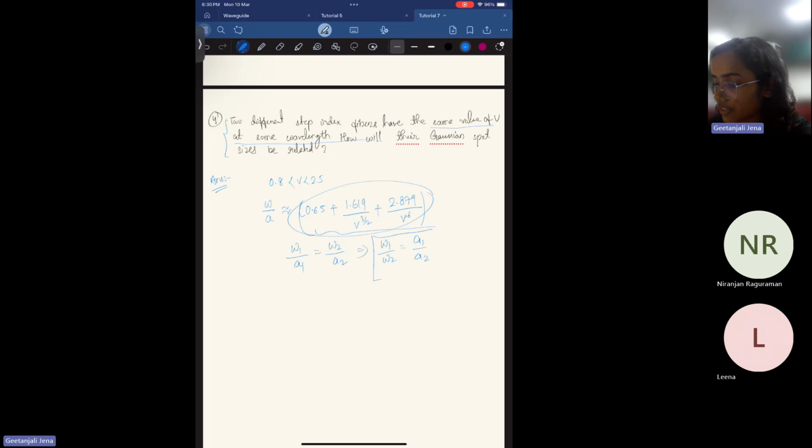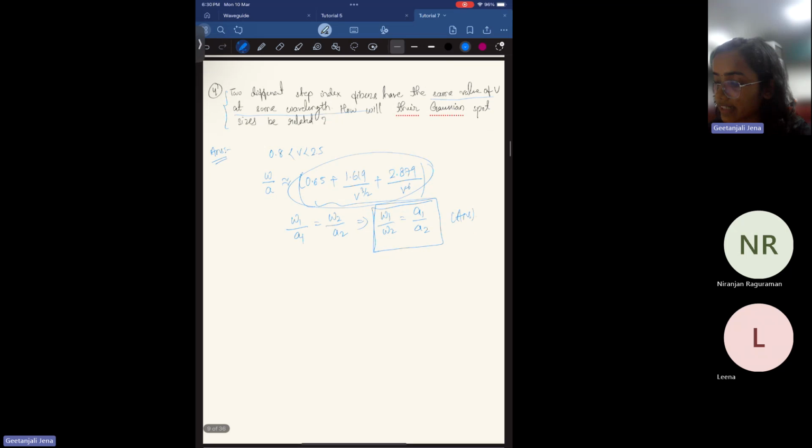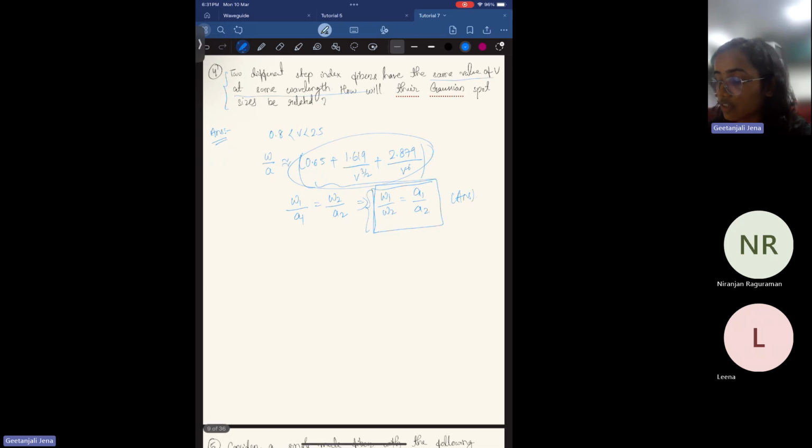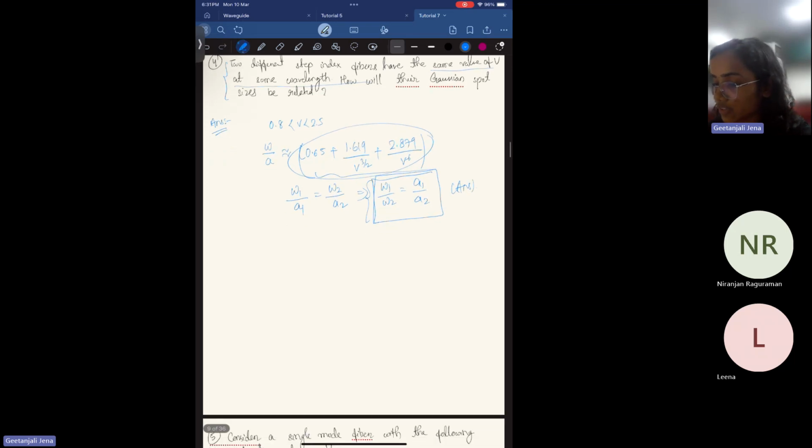This is the relation whenever you have the same value of V for different step index fibers. It's not like they are independent. So whenever W1 is greater than W2, then the core radius of the first fiber should be greater than the core radius of the second fiber.